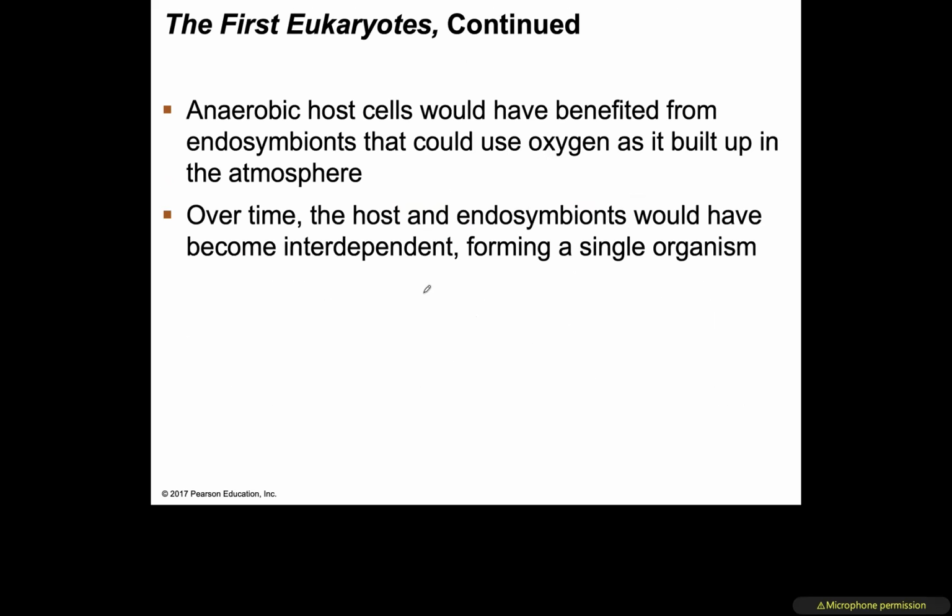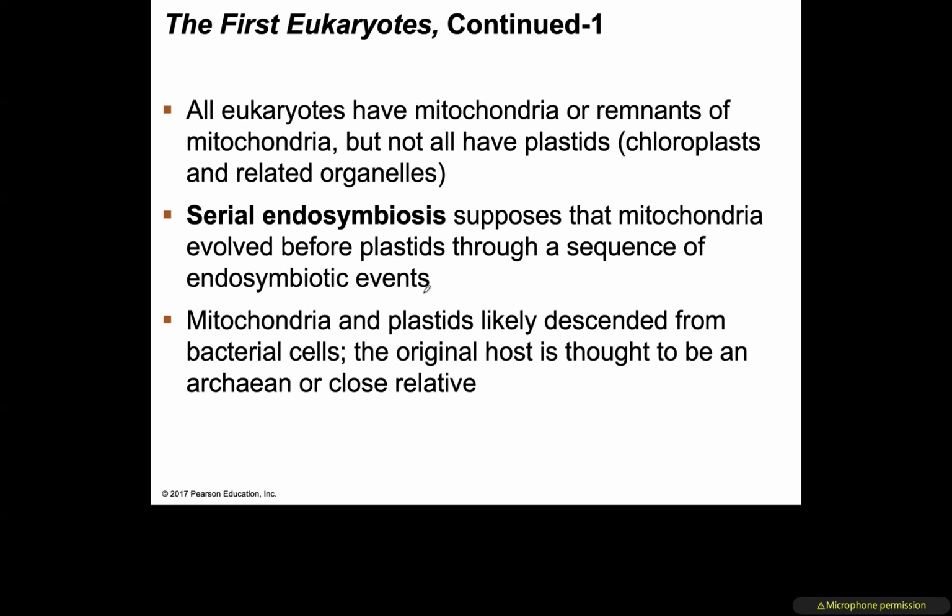The host depended on the symbiote to provide it with resources, and the symbiote depended on the host to provide it with a home and also access to resources. And so all of your eukaryotes are going to have mitochondria or remnants of mitochondria. Your plants, your animals, your protists, your fungi have mitochondria or at least some remnants of that.